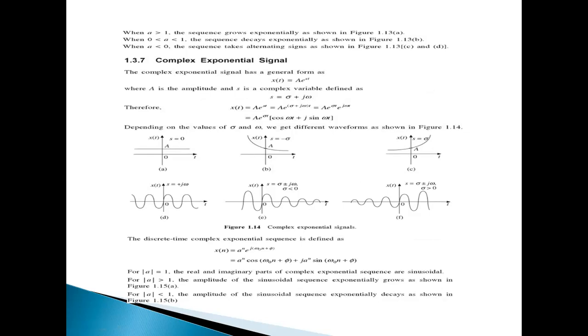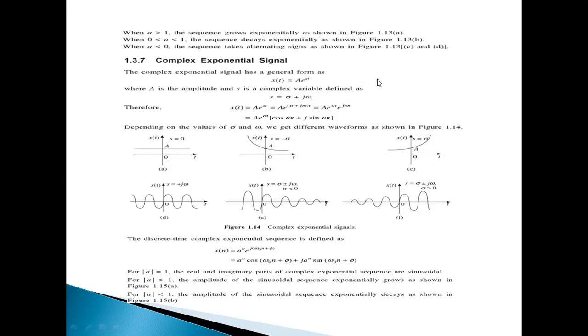When A is between 0 and 1, the sequence decays exponentially. When A is less than 0, the A value is negative: minus 1 whole power n, minus 2 whole power n, minus 3 whole power n, like that. That takes alternate signs, one time positive, one time negative. Understood, my students?